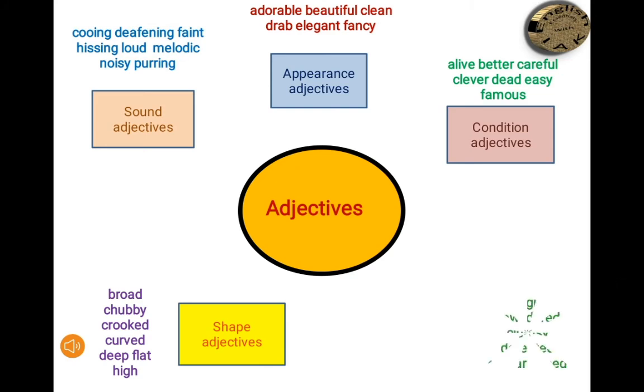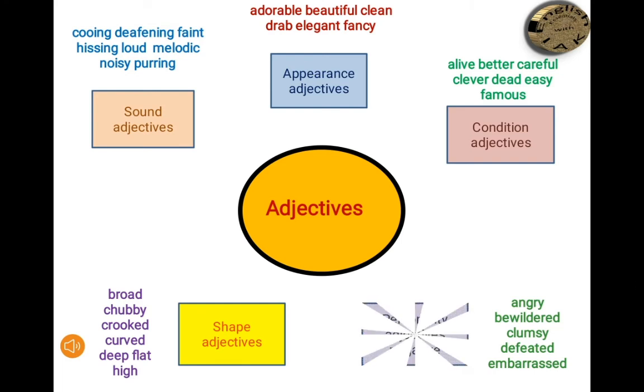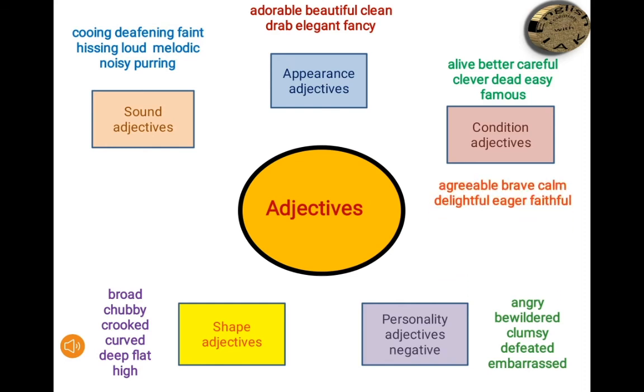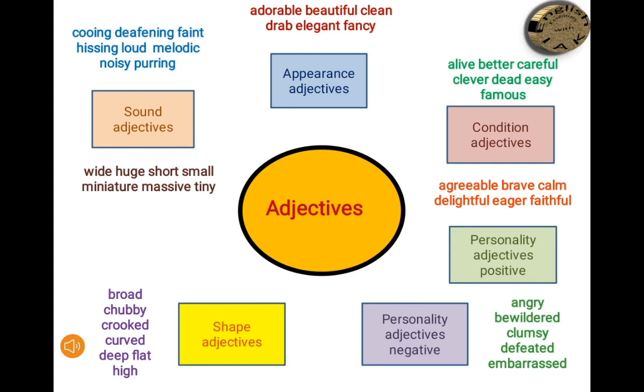Then we have angry, bewildered, clumsy, defeated, embarrassed are personality adjectives that are negative. Then we have positive personality adjectives like agreeable, brave, calm, delightful, eager, faithful. Then finally we have wide, huge, short, small, miniature, massive, tiny are size adjectives.